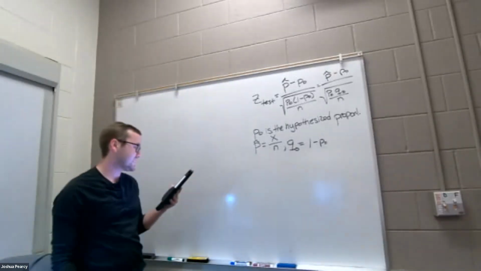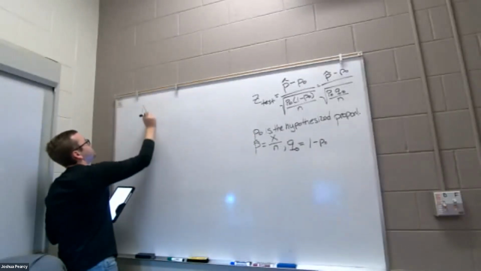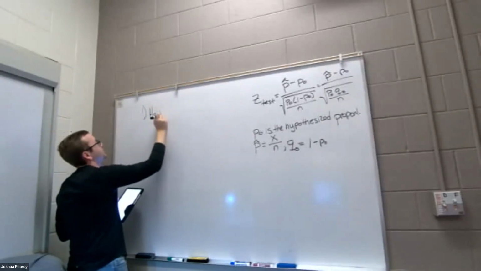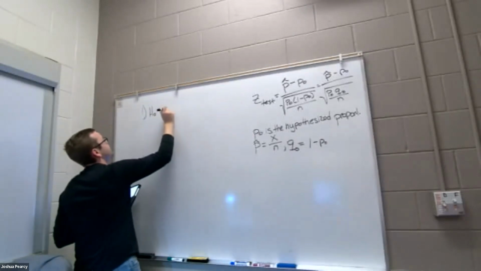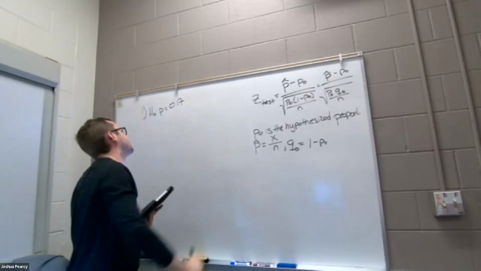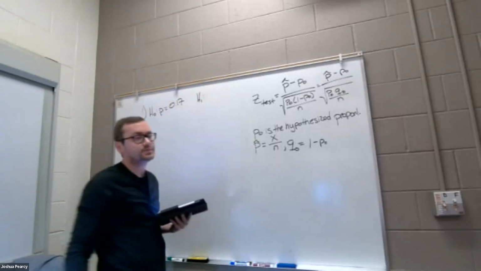So part 1 says state the null and the alternative. So what is the null? Yeah, close, not mu. P, since we're dealing with the population proportion. So P is equal to 0.17. And then H1, what do you think?